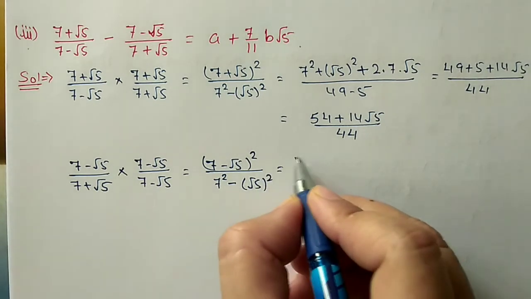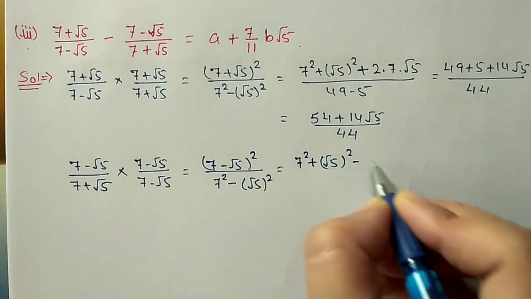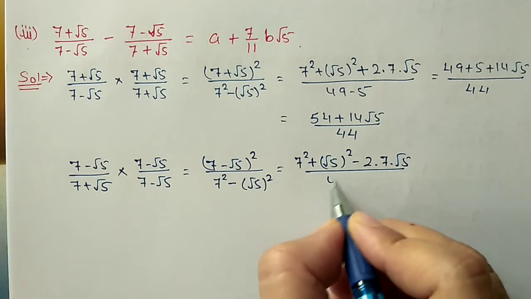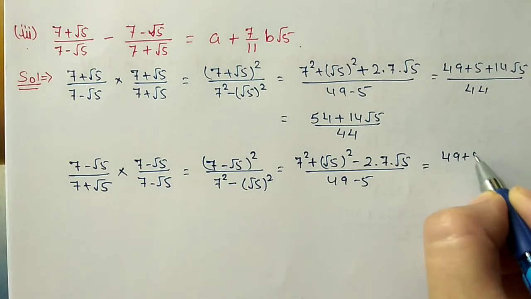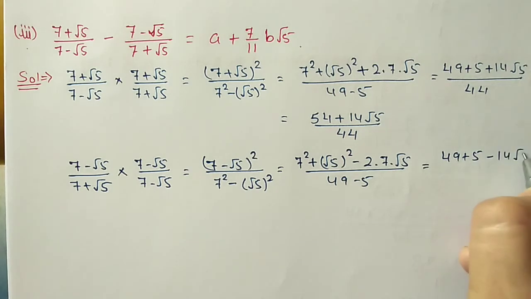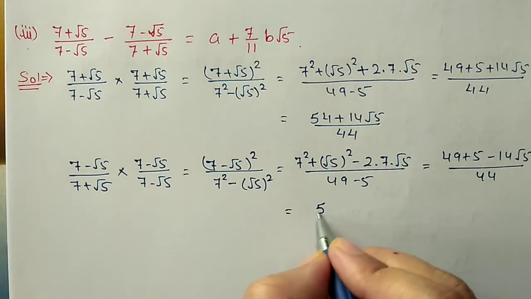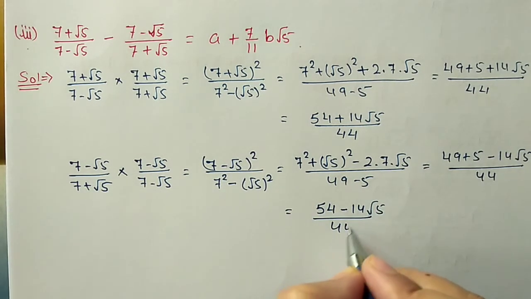Numerator if we expand we will get 7 square plus root 5 whole square minus 2 into 7 into root 5, divided by 49 minus 5. So 49 plus 5 minus 14 root 5 divided by 44, or 54 minus 14 root 5 by 44.